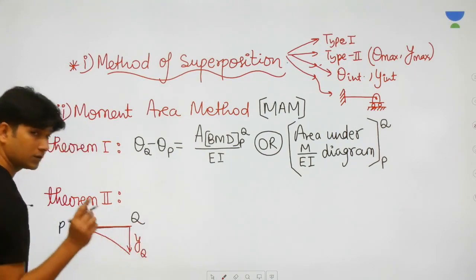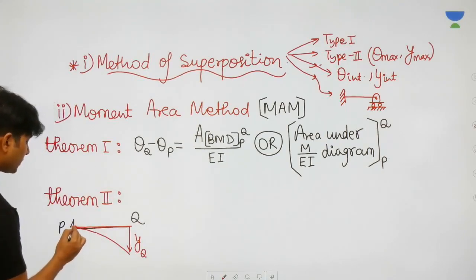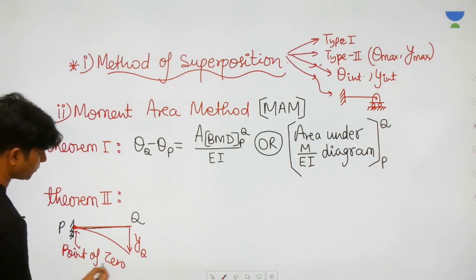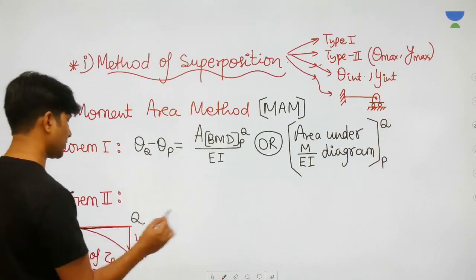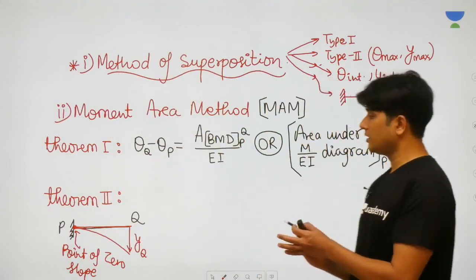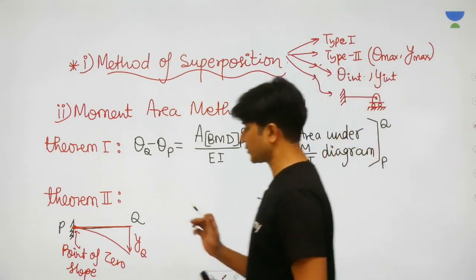But mind it, the second theorem is valid only when your reference is available at a point of zero slope. Please keep this in mind, my dear friends. That second theorem would be valid only when you have the reference point available at a point of zero slope.